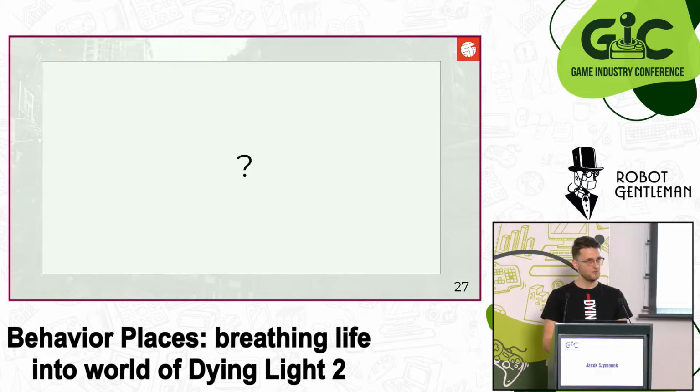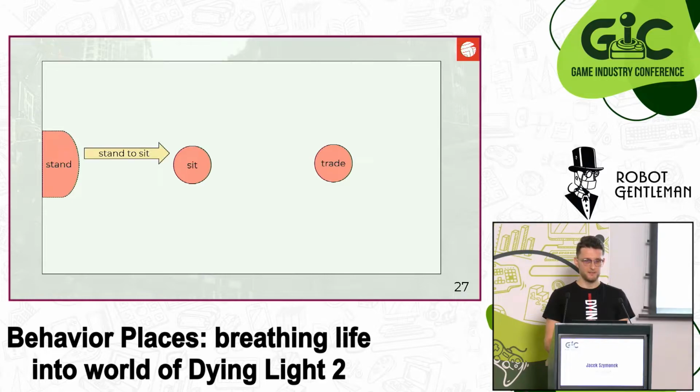Now only one question remains. How do we represent the configuration for this state machine? We know we've got these 2 activities, sitting and trading, and we can enter the behavior place from the external standing pose to the sit state. We can also exit from that state back to the external standing pose. We are also able to transition between the activities in both directions.